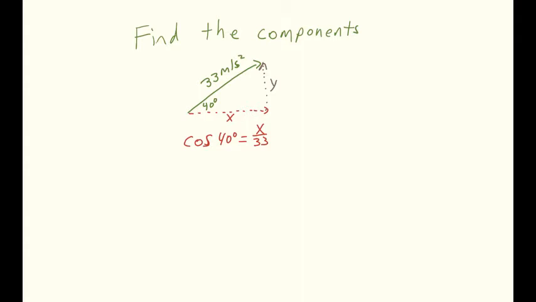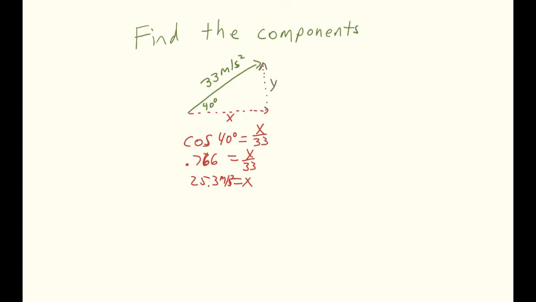Cosine of 40, 0.766, equals x over 33. So multiply by 33. You get 25.3 meters per second squared.